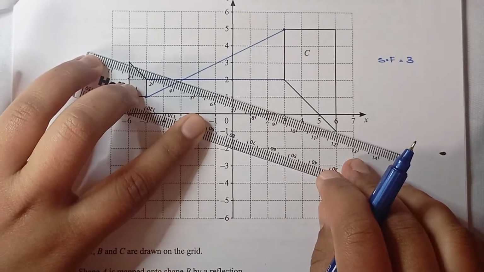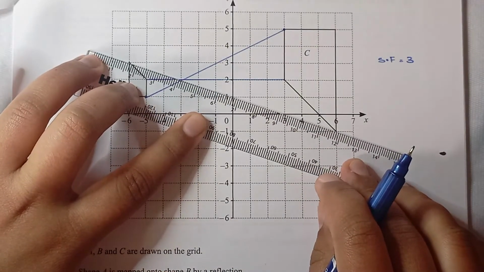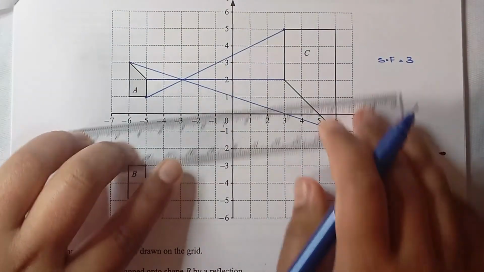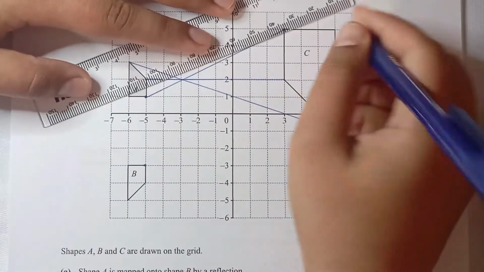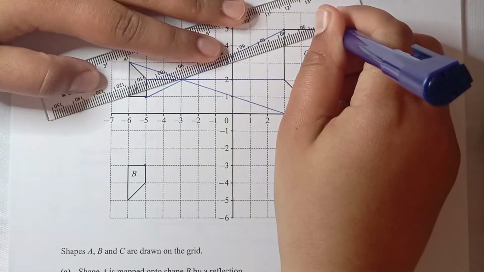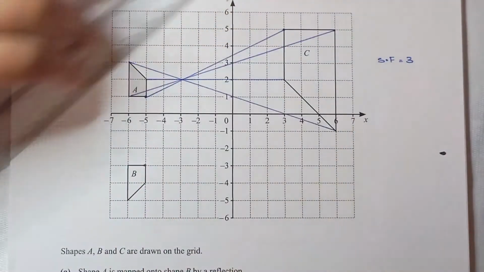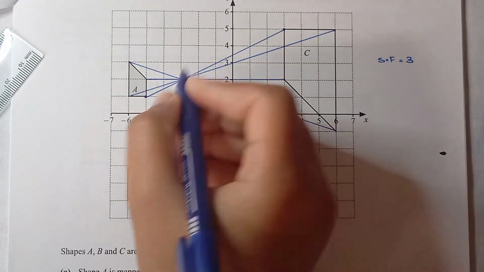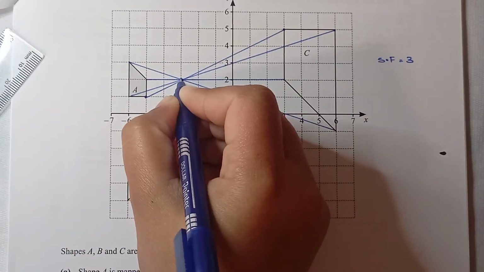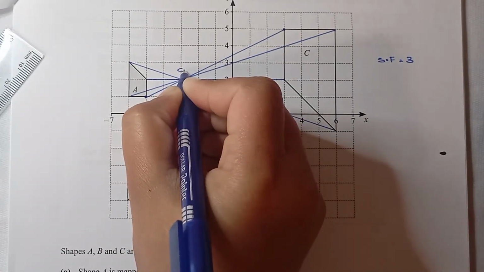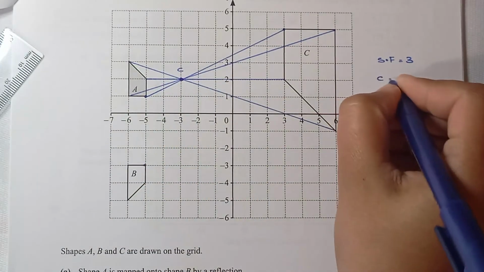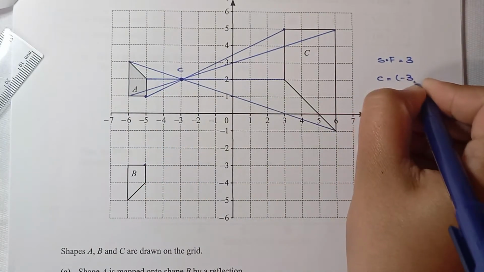Okay, this would be this, and the last point would be this one. Okay, so as you can see, all the 4 points intersect at this point. So this would be the center of enlargement, that is -3 and 2. So the center is -3 and 2.